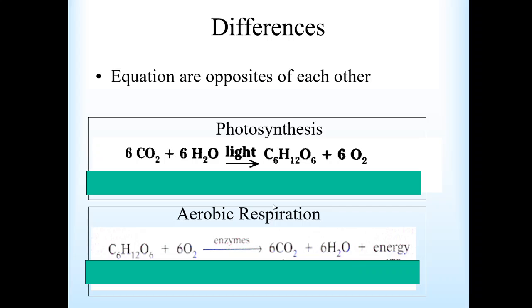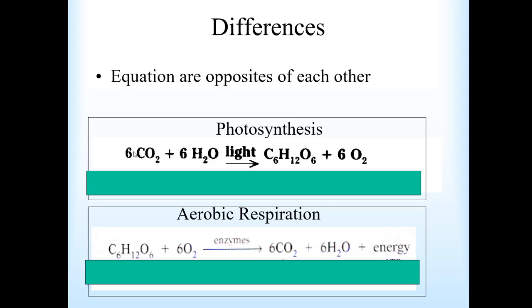And look at this. So these are our reactants of photosynthesis to our products. Look at these products of photosynthesis. They show right back up, the same exact ones, in cellular respiration. So these products of photosynthesis are the reactants of respiration. And then look at the products of respiration: carbon dioxide and water. The products of respiration are the reactants of photosynthesis.